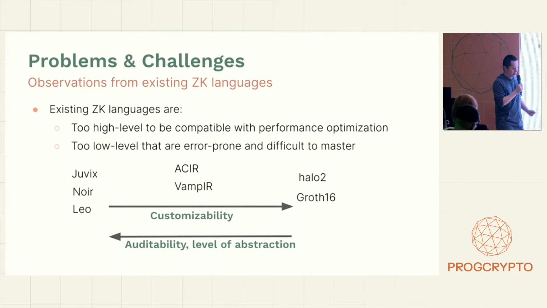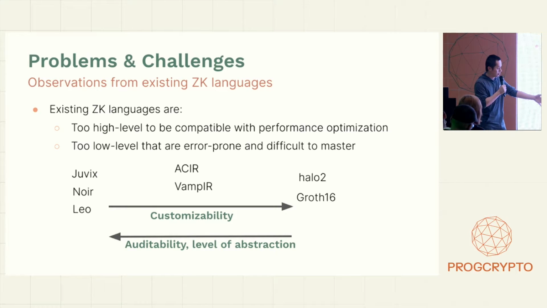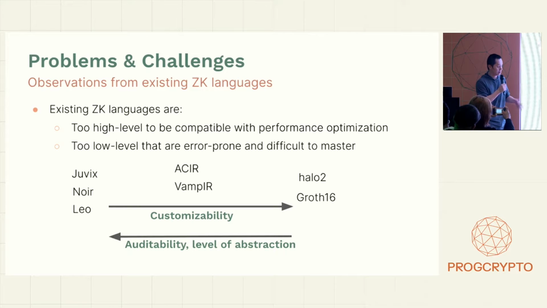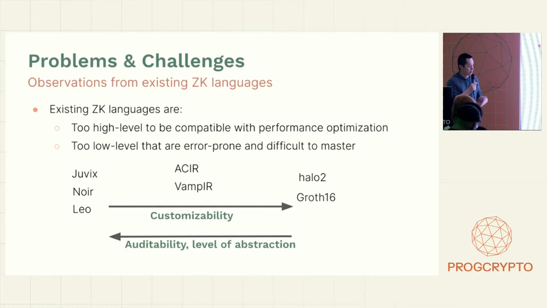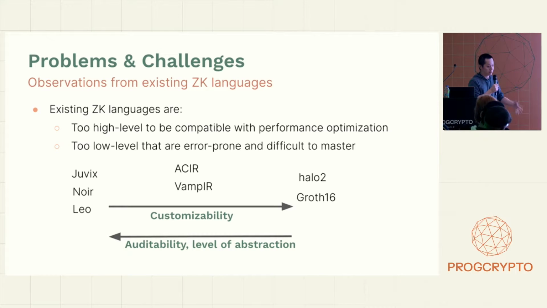But on the right-hand side, those are more lower-level languages, and they usually have a very steep learning curve, where the user needs to understand a lot of lower-level details in order to actually start writing the circuits.